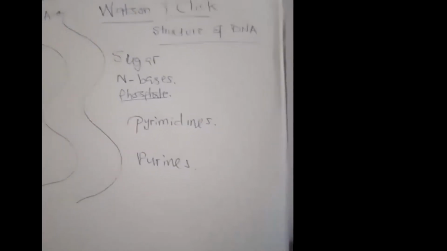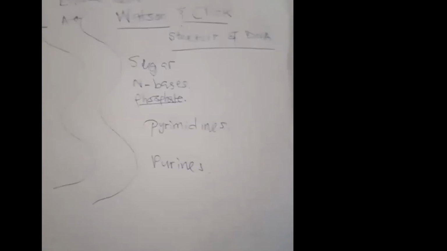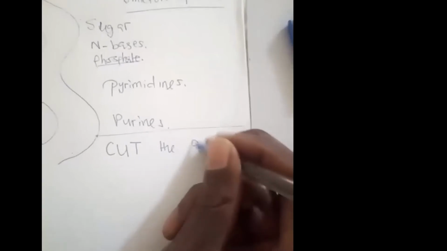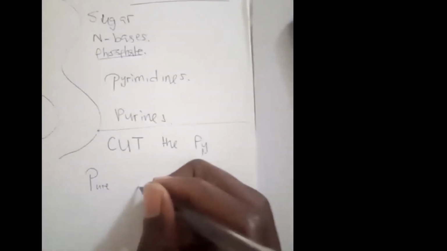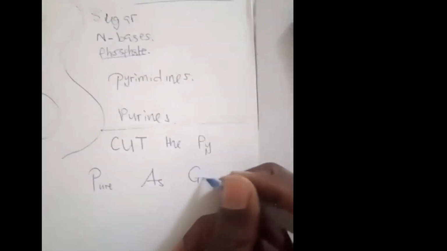Let me give you a simple way of remembering. I'm going to use the mnemonic, cut the pie and pure as gold.